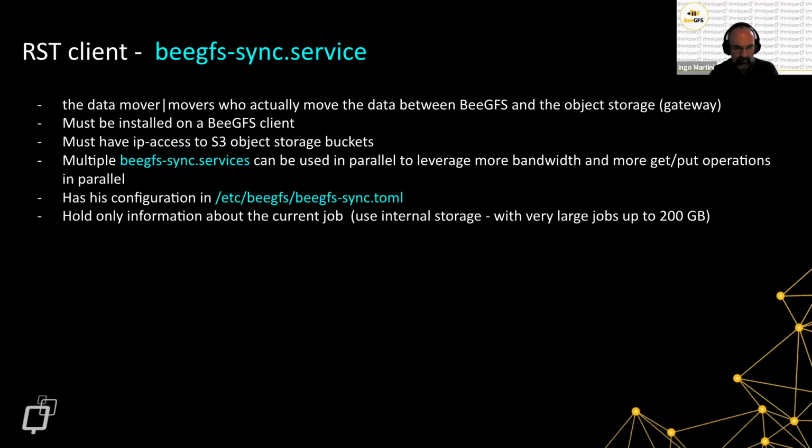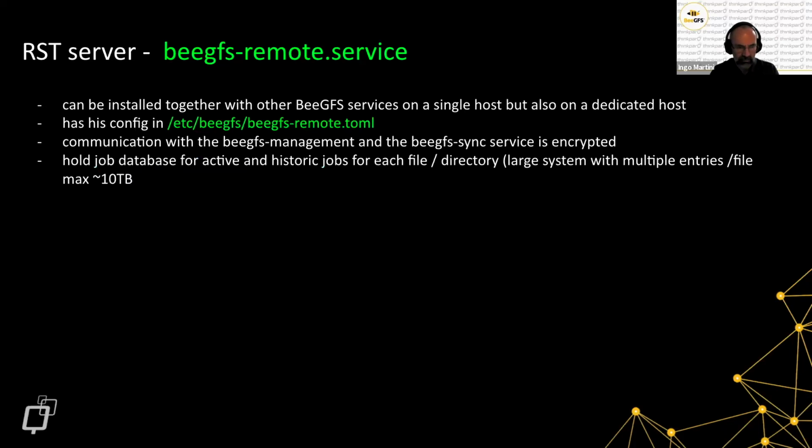The BeeGFS sync service itself has a small configuration file, but it holds no real information about the environment. It doesn't have any information about the object buckets or anything like this. The BeeGFS sync gets all this information from the BeeGFS remote service, and we will see later that there is only a small effort to install this.